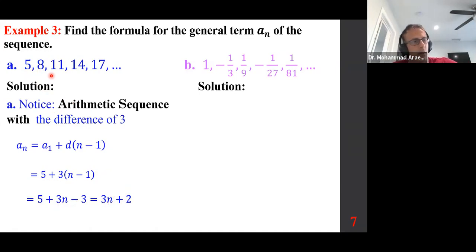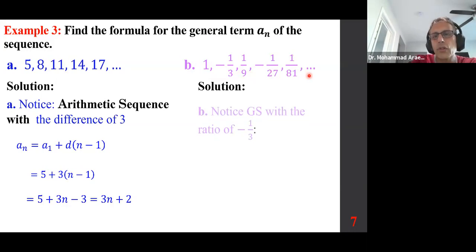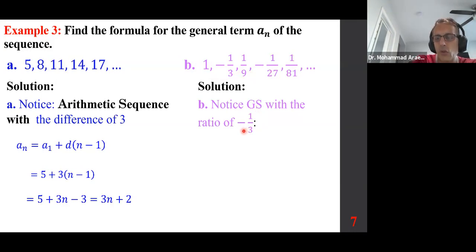Okay. What happens next? We notice there is a trend going on. We are multiplying by negative 1/3. That means you're dealing with a GS, geometric sequence, and the ratio is negative 1/3. So a sub n is a sub 1 times r to the power of n minus 1. A sub 1 is 1, and r is negative 1/3.